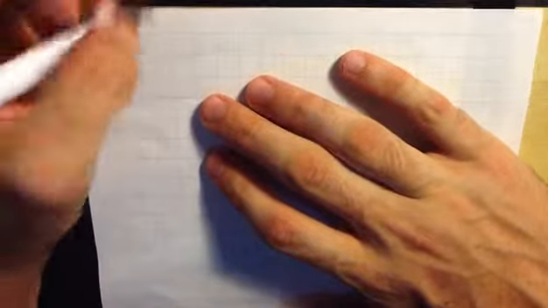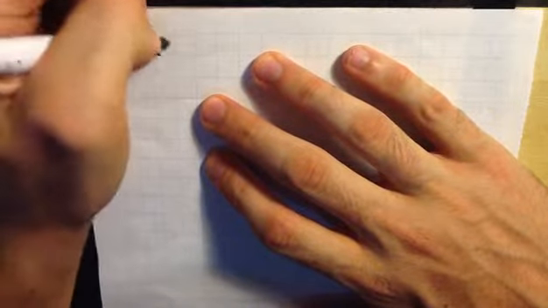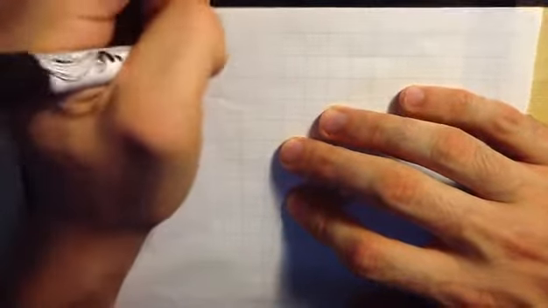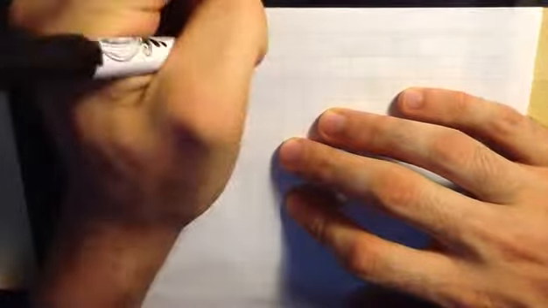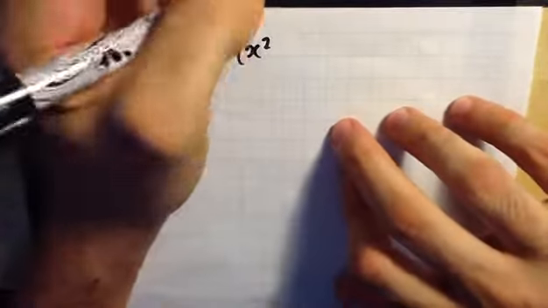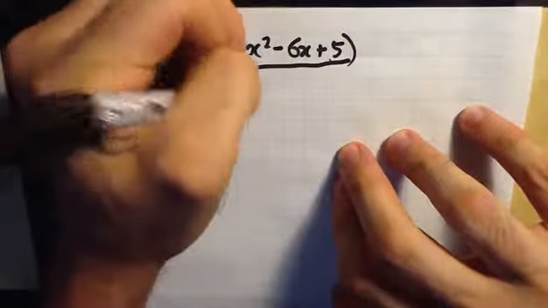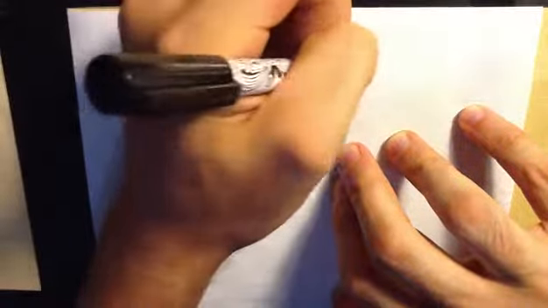So the derivative is equal to negative 3 multiplied by x squared minus 6x plus 5, still all over x take 2 squared, x plus 1 all squared.